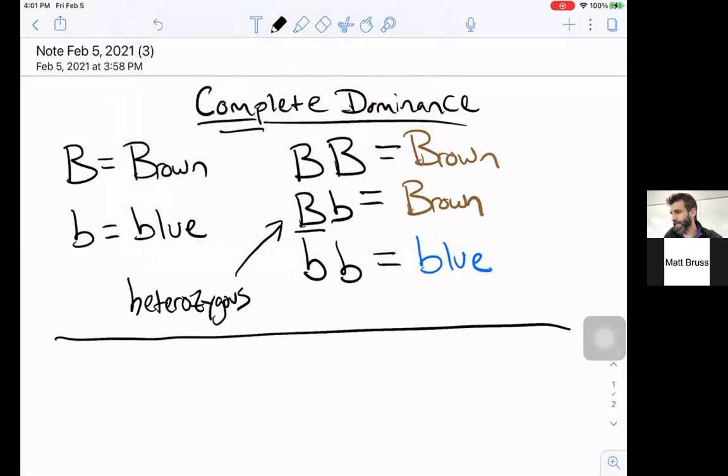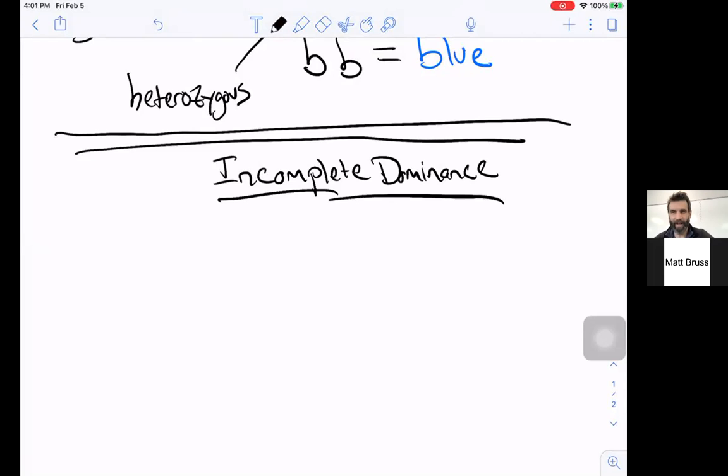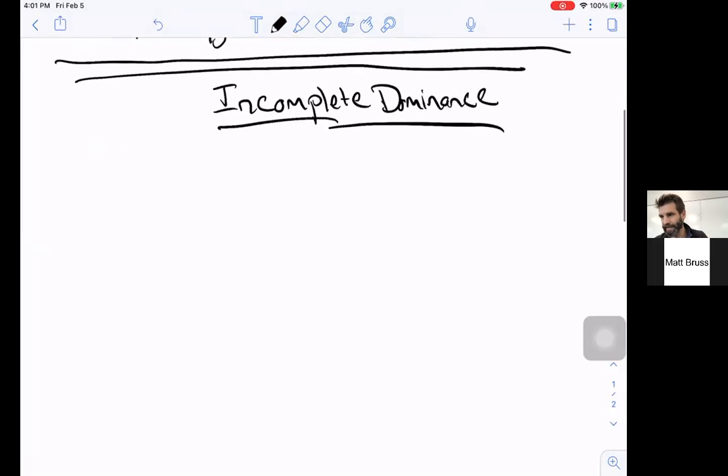Then we moved on to the scenario where there might be incomplete dominance. There's not a ton of examples of this in high school genetics or introductory genetics. I think there are many more in the real world, but the types of problems you see in high school genetics are a little bit limited.